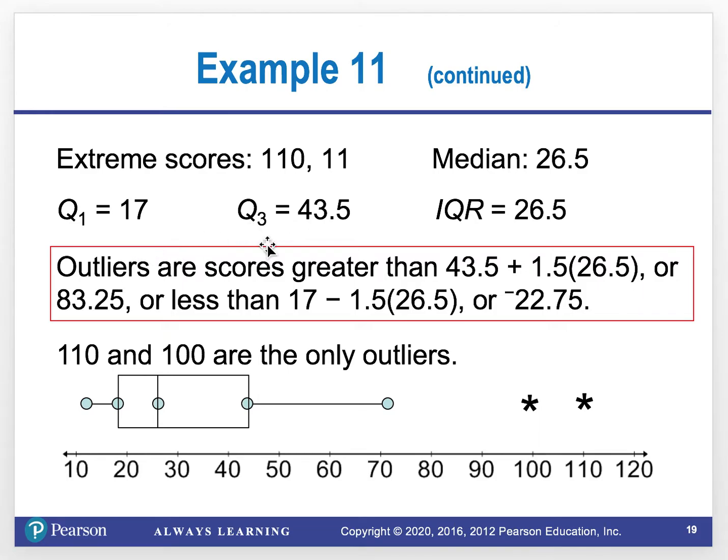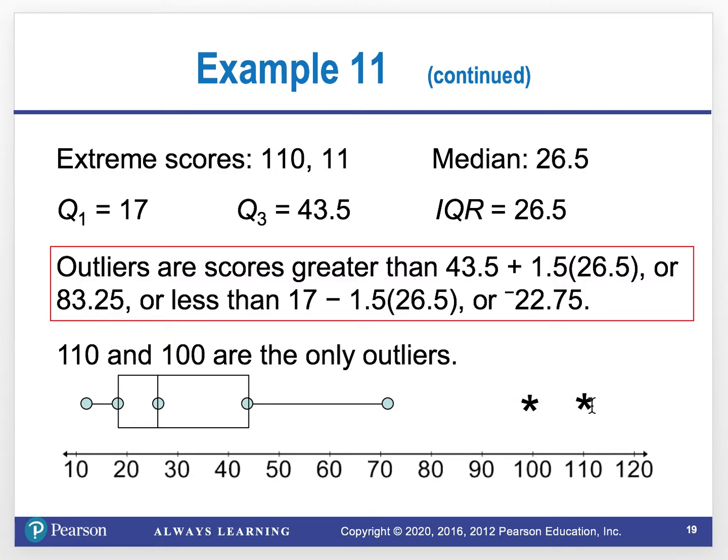Okay, but if you've got a suspect score, you calculate the interquartile range, and then you take the upper quartile and you add 1.5 times your IQR. So apparently you would get 83.25. Any number above 83.25 is an outlier.